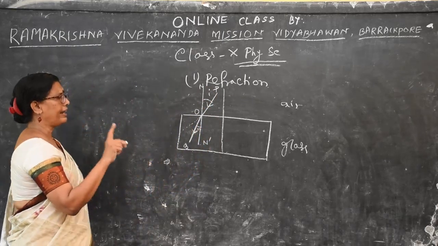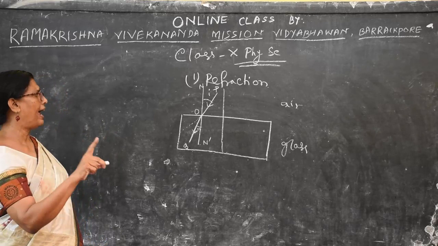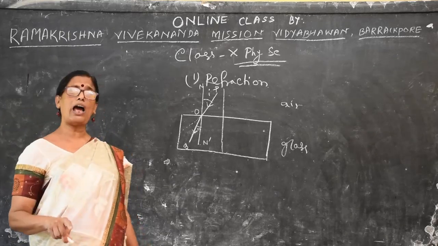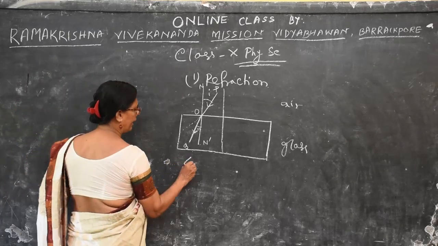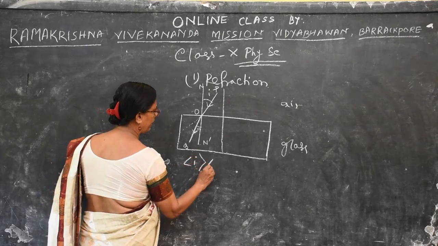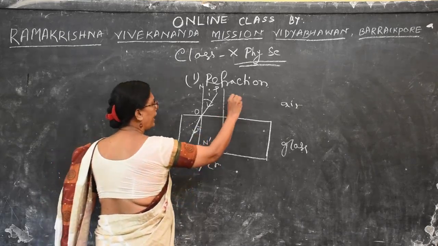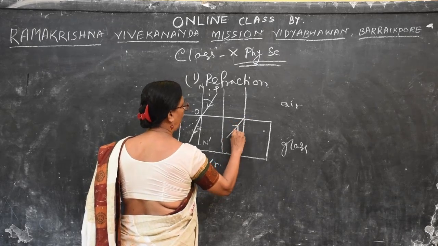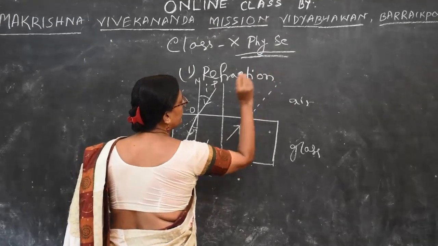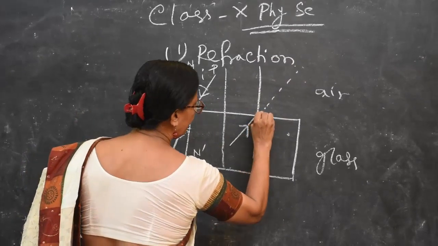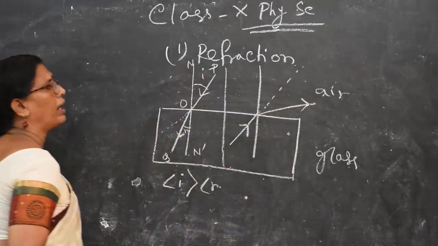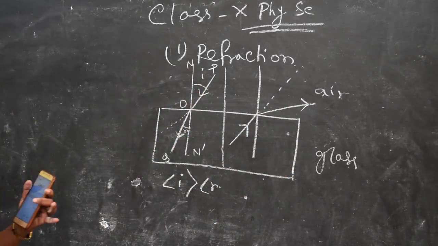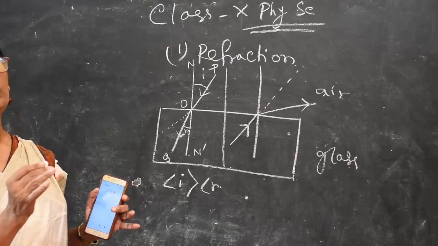Here, angle I has a greater value than R. Angle I is greater than angle R. If the light passes from the glass to the air, this is the normal path, but it deviates away from the normal.